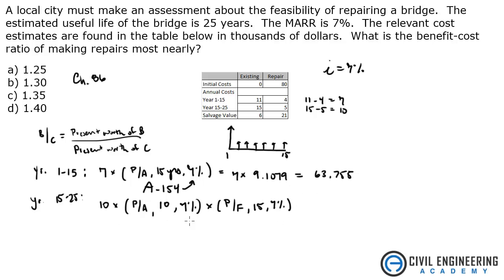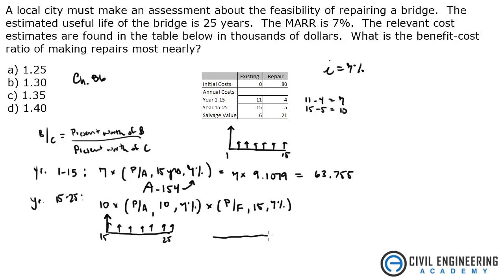So if we were to draw this out again with this little diagram, first thing we're doing is very similar to this, only what we're dealing with is we're starting at year 15 to 25. So 15 to 25, this is 10K for every year annualized, and we're saying find the present value. So we're going to take all of these annuals and take it to a present value. But the problem is the present value you're dealing with is at year 15.